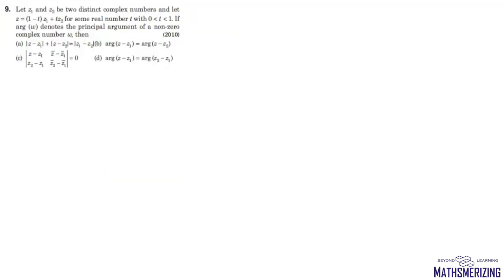Now here the question is: let Z1 and Z2 be two distinct complex numbers. So we have two distinct complex numbers, Z1 and Z2. Now it says there is some complex number Z such that Z is (1 minus t)Z1 plus tZ2.